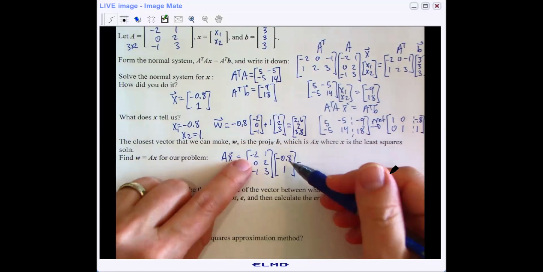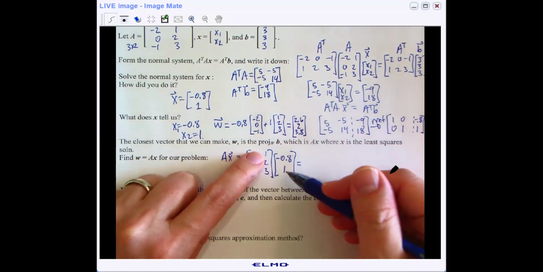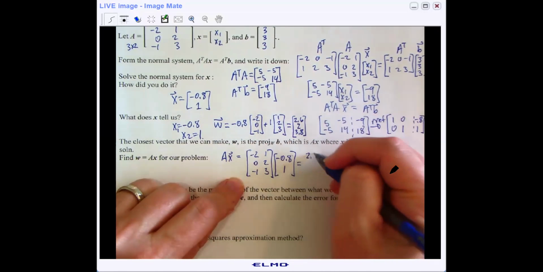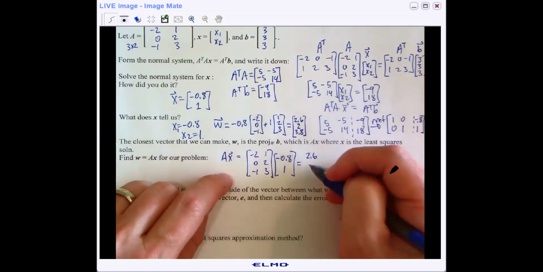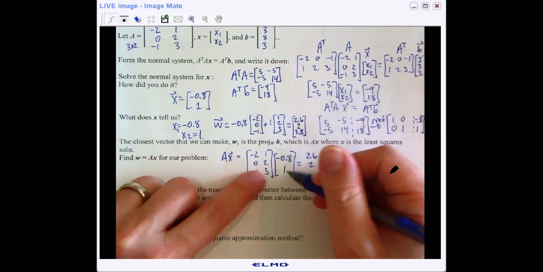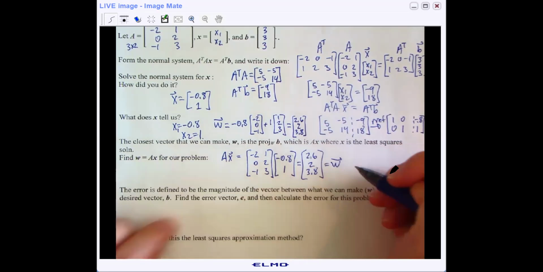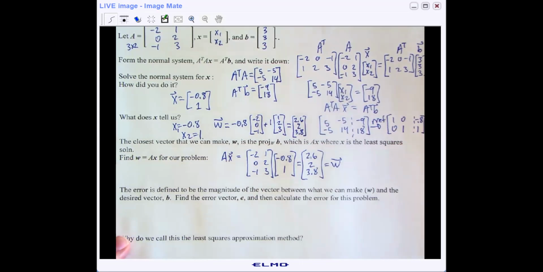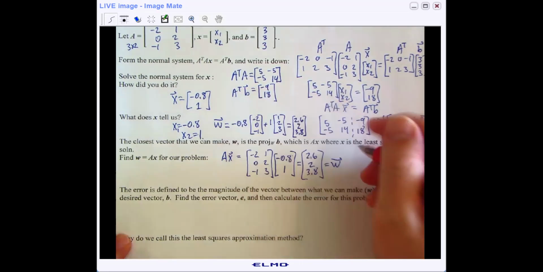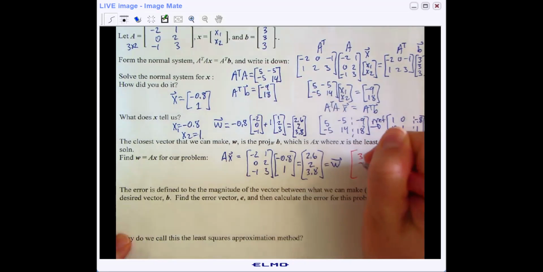So we'll get 1.6 plus 1, which is 2.6, 0 plus 2, which is 2, and 0.8 plus 3, which is 3.8. And as mentioned, that happens to be the W vector, the vector in the plane that we can make that's the closest to the desired vector. And remember that our desired vector was 3, 3, 3.